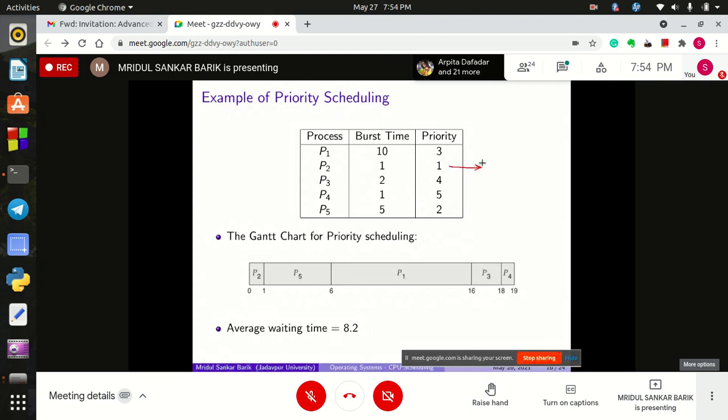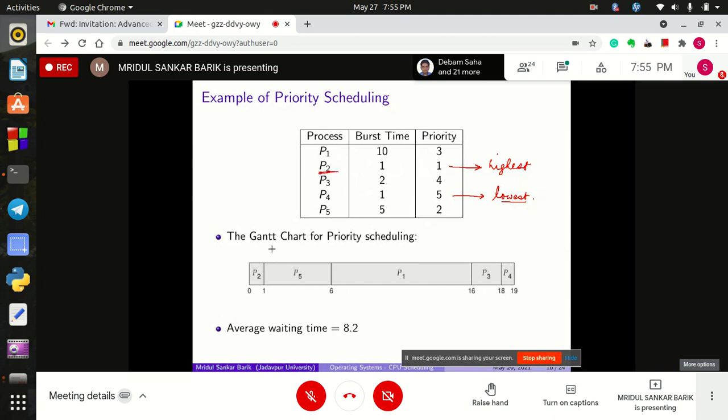So priority value 1 is the highest priority, and priority value 5 is the lowest priority. At time 0, among all the processes present right now, which process has the highest priority? This is process P2.